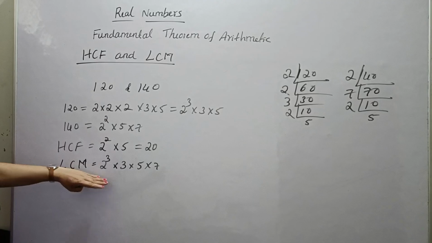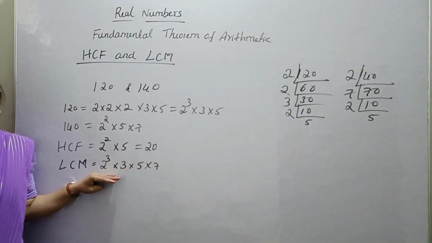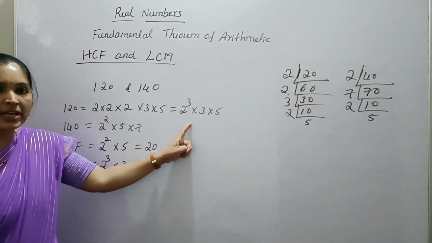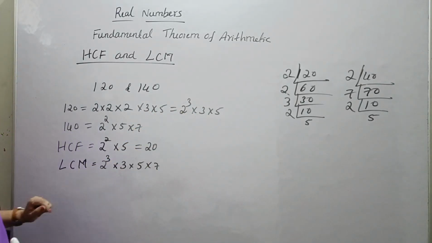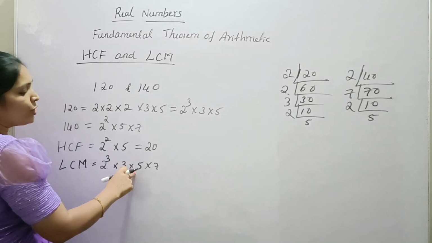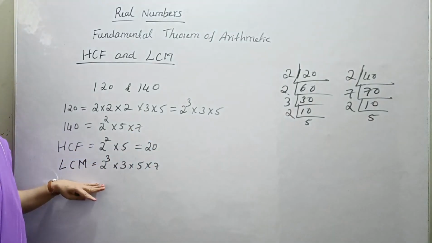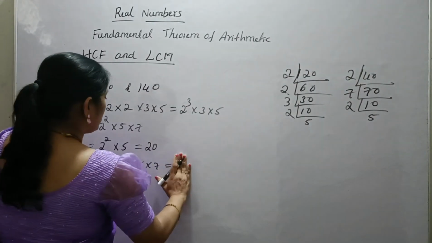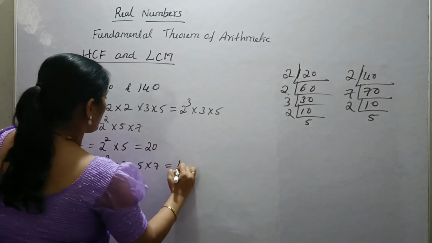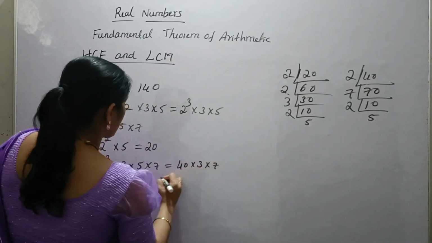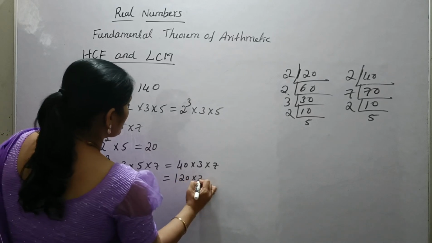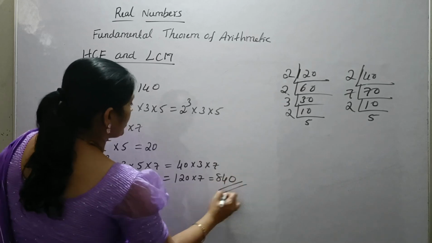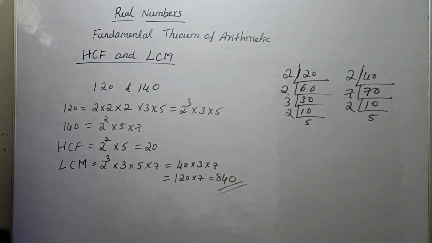So LCM is equal to the greatest power of each factor: 2 raised to 3 into 3 into 5 into 7. That is 8 into 5, 40, 40 into 3 into 7, that is 120 into 7, that is 840. So LCM is 840.